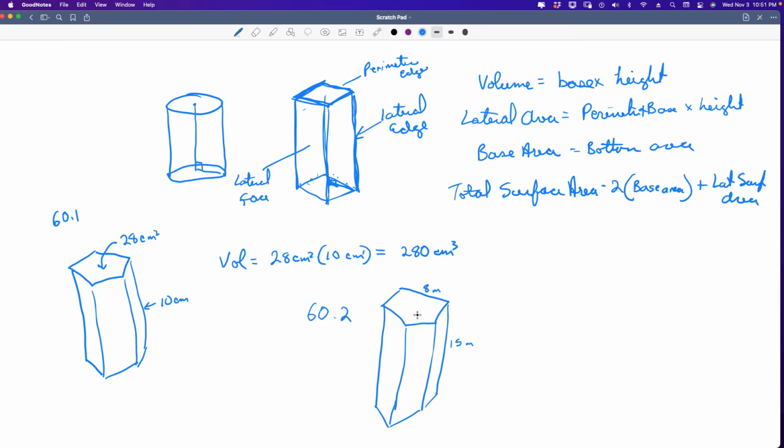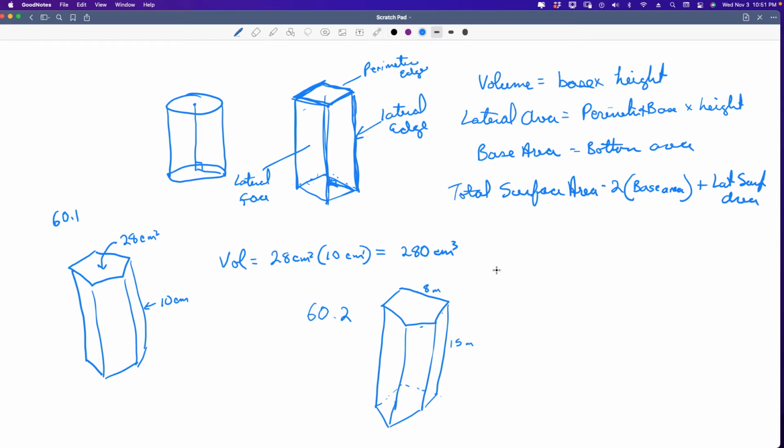So we need to find the lateral surface area. In order to find the lateral surface area, we need the perimeter of the base times the height. This is the same as the base. It's a pentagon, so there's going to be 1, 2, 3, 4, 5 edges.